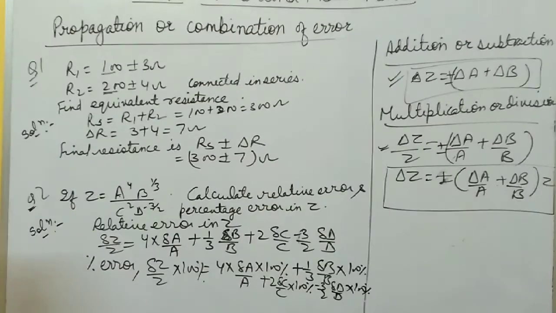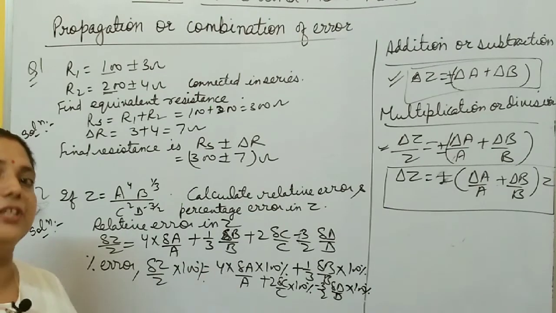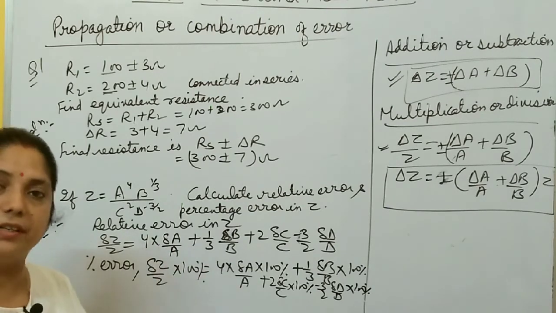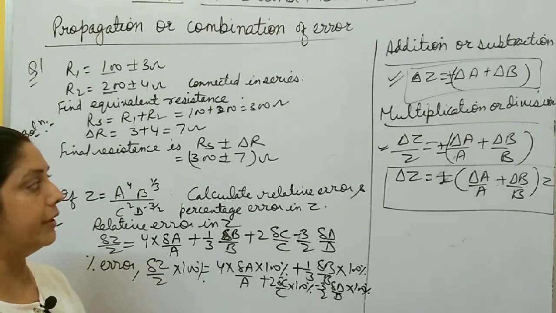In this way you calculate percentage error. So this is all about today's topic, how error propagates in case of addition, subtraction, multiplication, division and power of a quantity. Hope you understood.